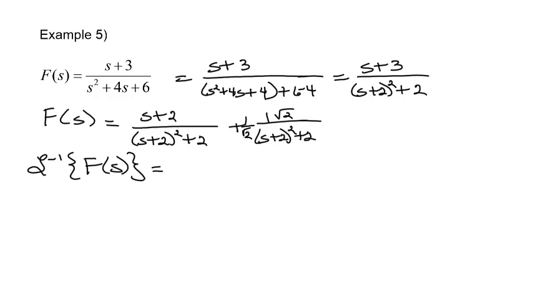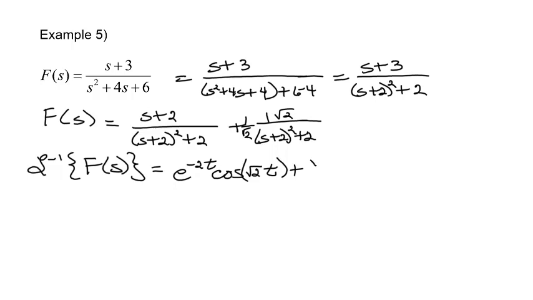All right, so for the s plus a over s plus a squared plus b squared, that's rule 10. And the inverse Laplace of that is e to the negative 2t times cosine of bt, where the b is the square root of 2. So that's my angle. The next term had a 1 over the square root of 2.